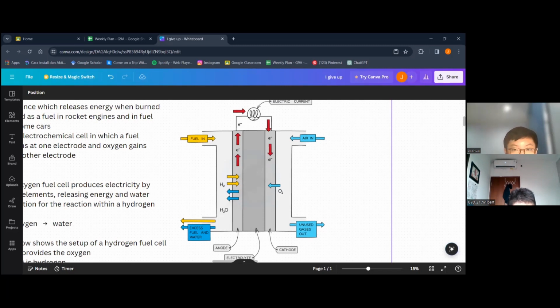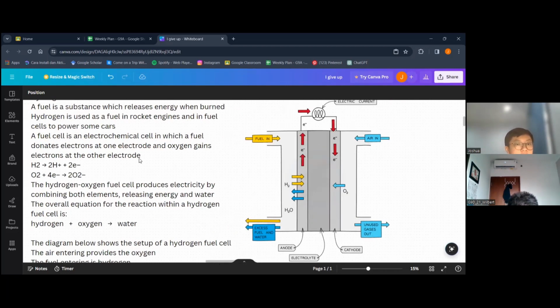So it will go through the circuit, generating electricity here, and then it will combine back with the hydrogen in the electrolyte. And the hydrogen and oxygen bond together, creating water, and it is released. So it's basically just electricity and water. It's a very simple process, and it looks something like this.